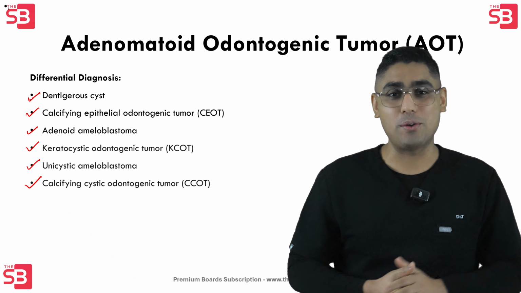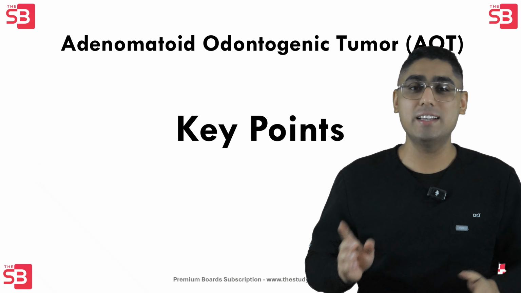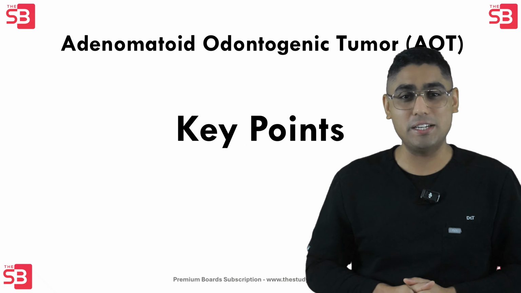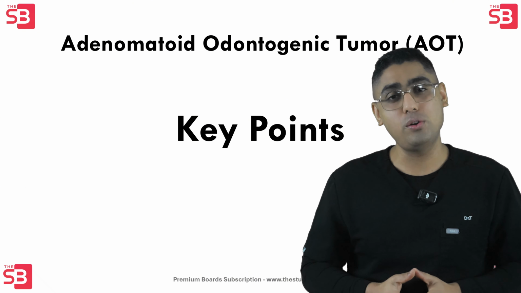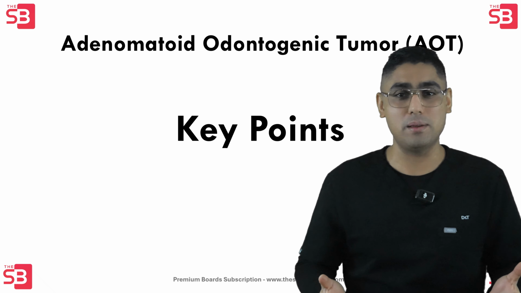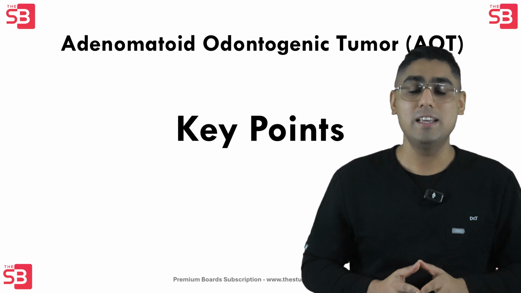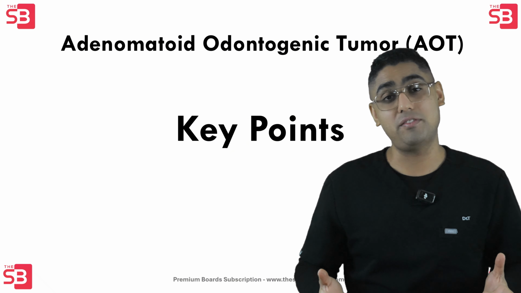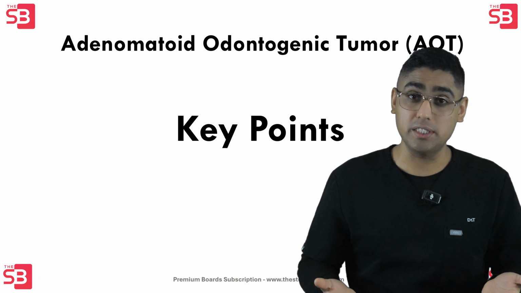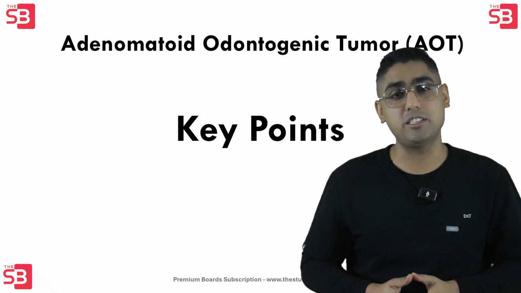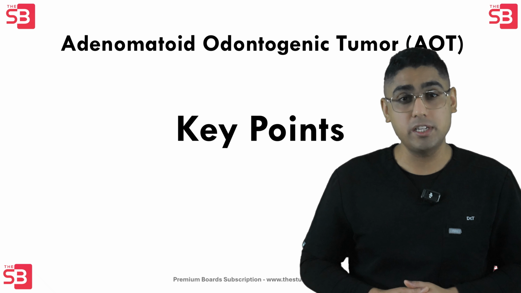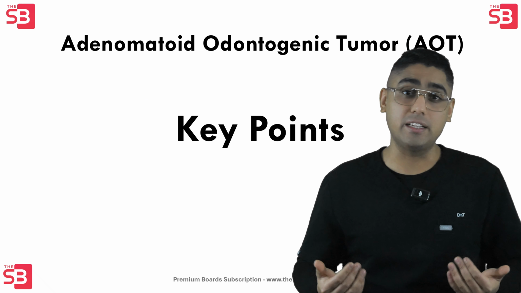What are the key points here now? So think about AOT as a benign epithelial odontogenic tumor which arises from odontogenic epithelium, likely from dental lamina remnants or reduced enamel epithelium. Next, we talked about different clinical features that we have. Then we discussed histopathology in depth. We talked about how AOT is characterized by proliferation of odontogenic epithelium forming duct-like or gland-like spaces.